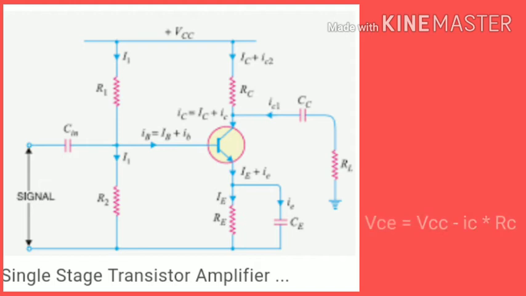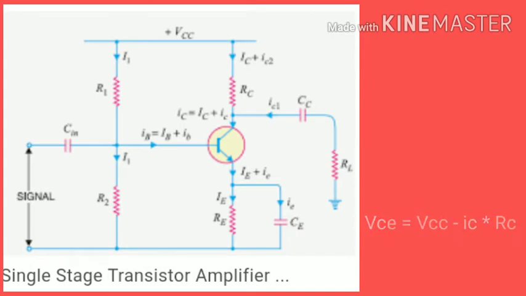The total amplified instantaneous output voltage, that is VCE, is given by the formula VCE equal to VCC minus IC into RC.